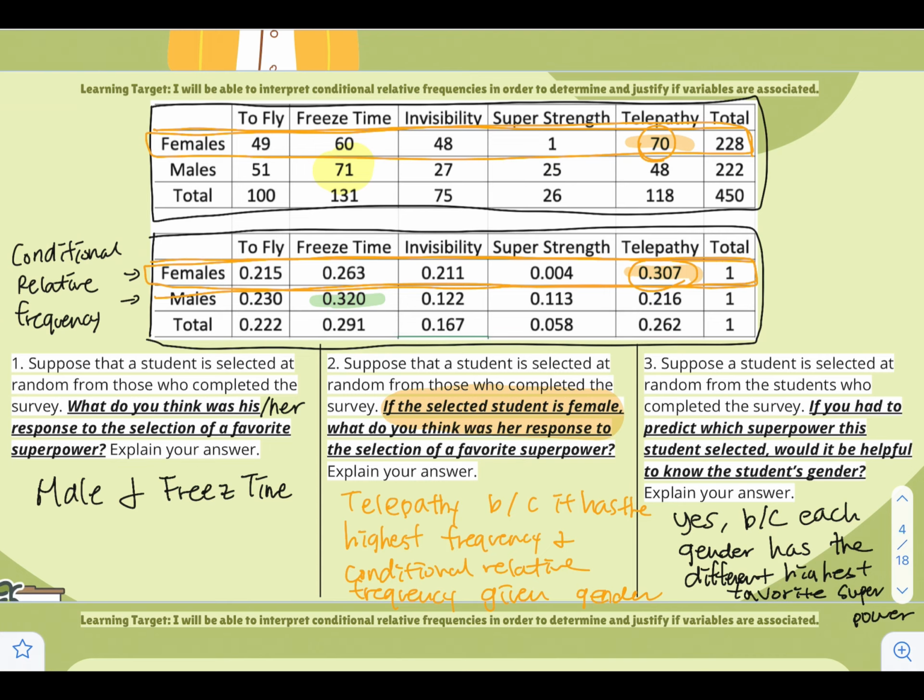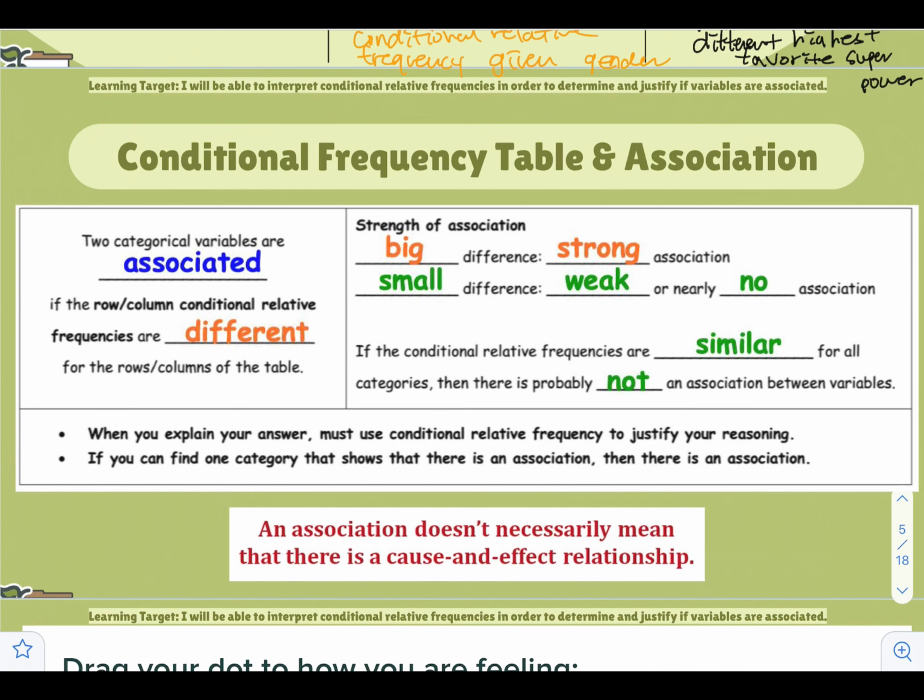When this can happen, we are saying that two categorical variables are associated, or you could use the word related as well, but the proper word to use is association. And if row or column conditional relative frequencies are different for the rows and the columns of the table, what does it mean by that?